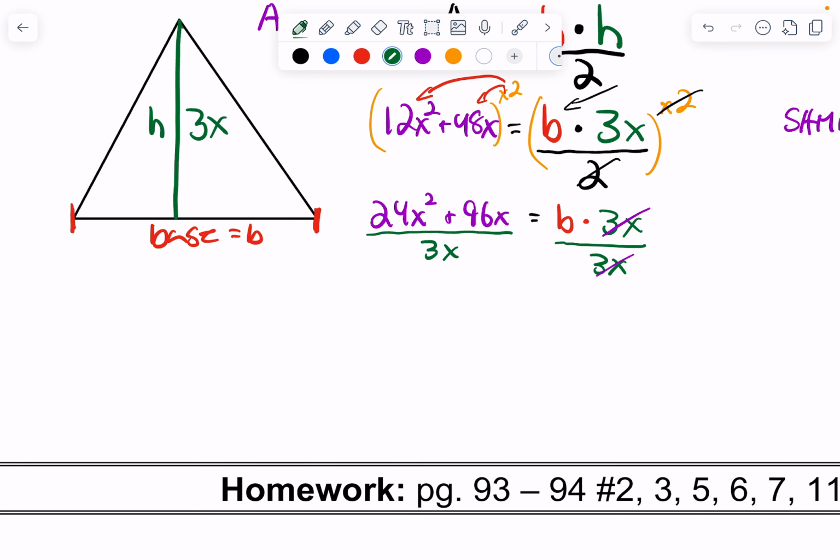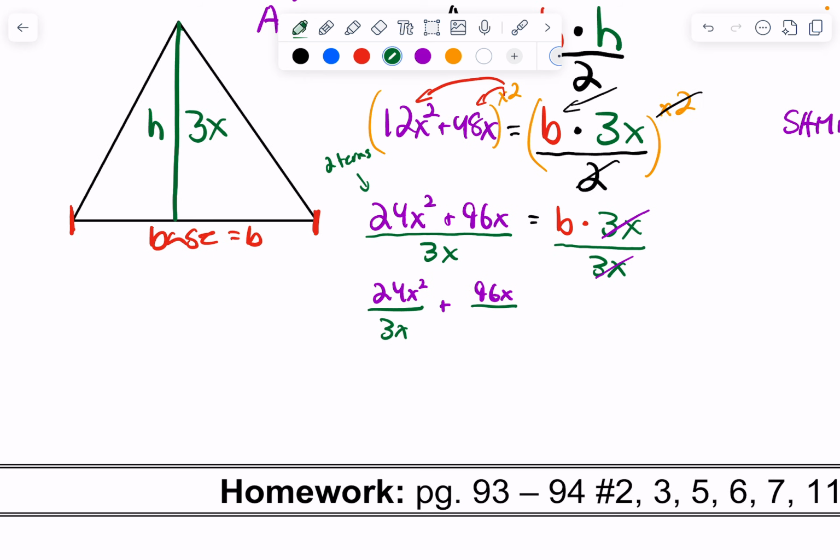When you are dividing 2 terms up top by something on the bottom, this is the same thing as saying 24x squared divided by 3x plus 96x divided by 3x. You can just split it. That's like a common denominator that you're just splitting. And then you'd be equals base.